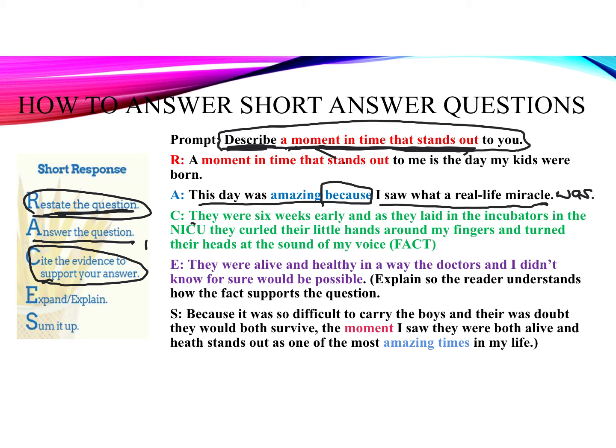So they, and of course it's referring to the kids, were 6 weeks early, and as they laid in the incubators in the NICU, they curled their little hands around my fingers and turned their heads at the sound of my voice. This is a fact. You have to have evidence that is factual. And this actually happened, so it can be proven. It is a fact.